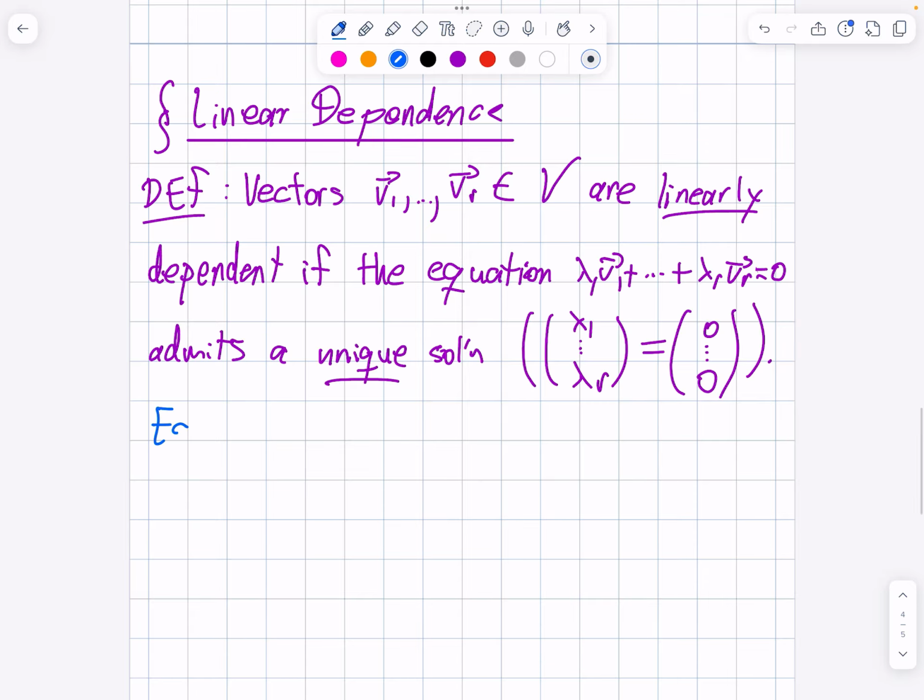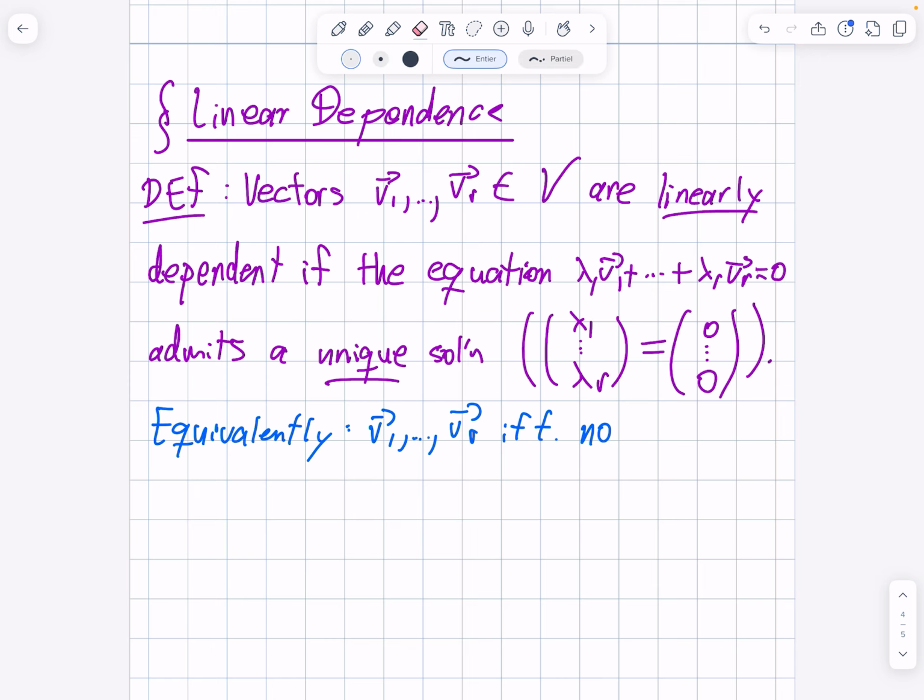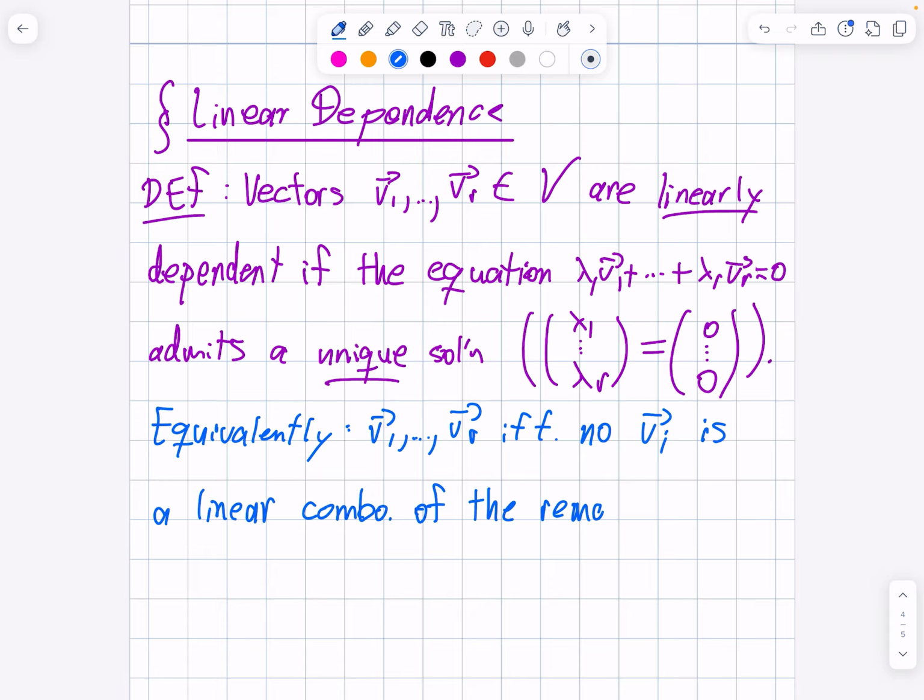Equivalently, we have, so these are linearly independent if and only if none of them, so no vi is a linear combination of the remaining vjs.